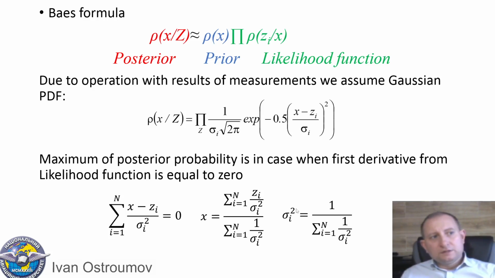And finally, dispersion is the opposite of the summation of all weighted coefficients by each measured sensor.